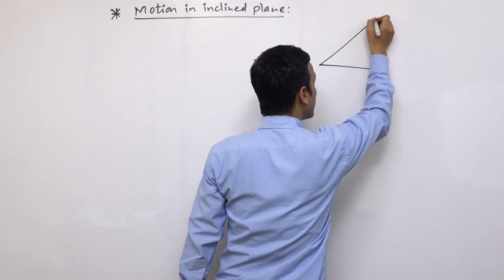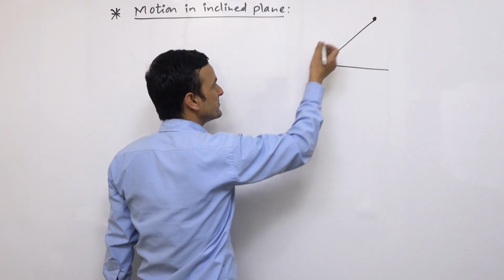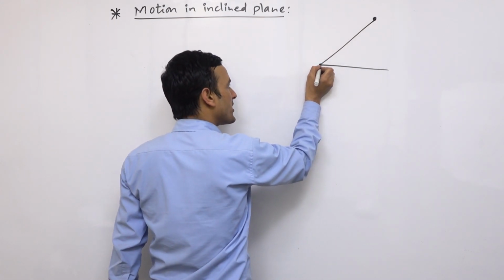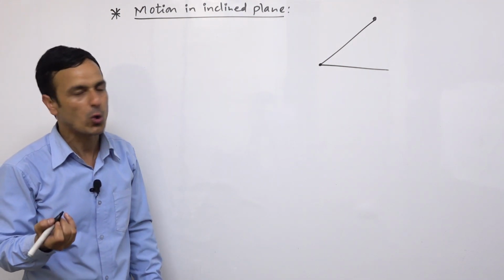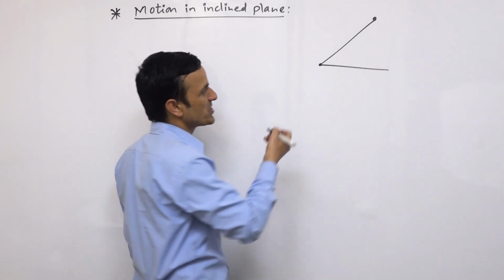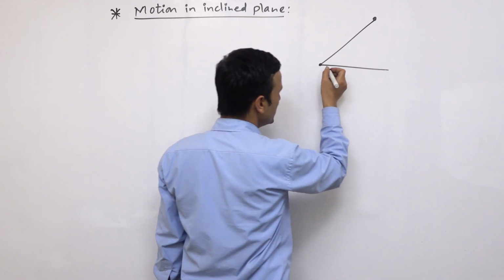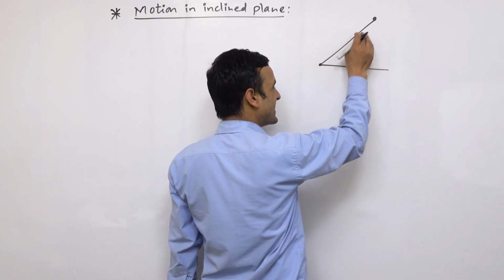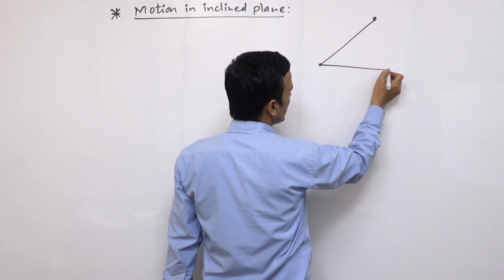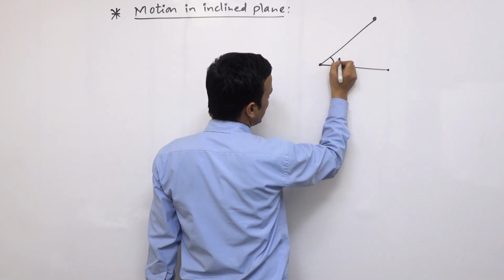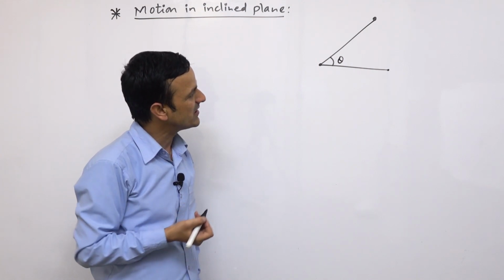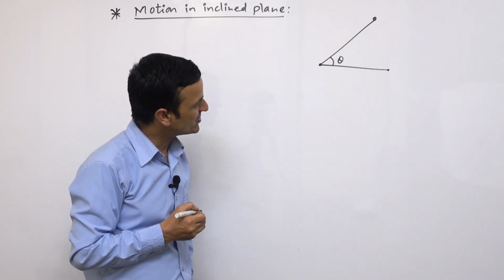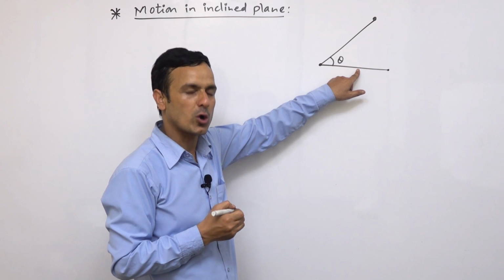If the body is sliding down from this position, or a body is projected upward from this position on the inclined plane, that means slope, then we can study what the equation of motion will be. The inclined plane makes an angle with the horizontal line, which is theta. That means theta is the angle of inclination with the horizontal line.